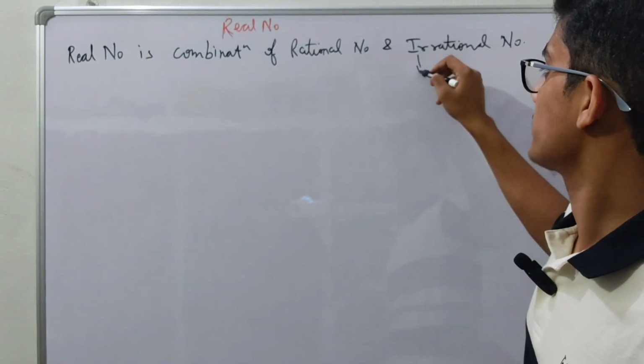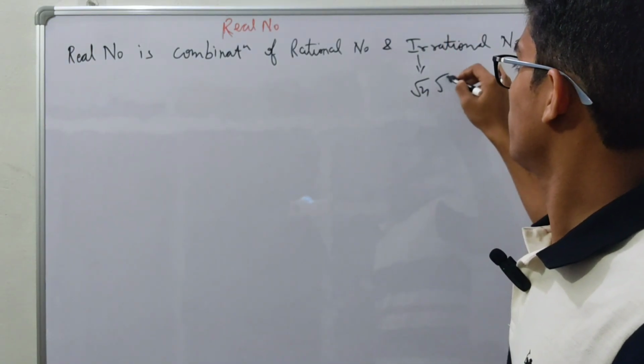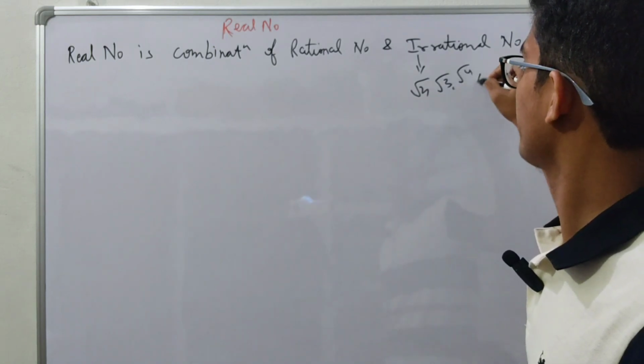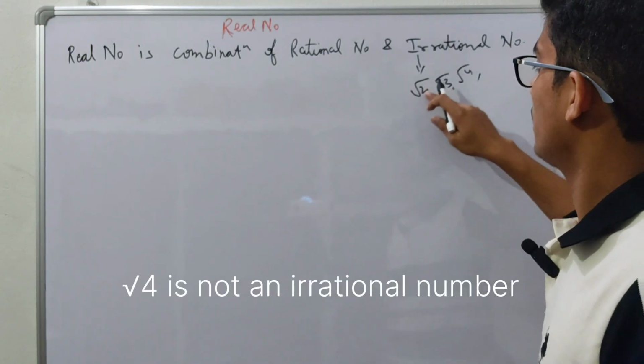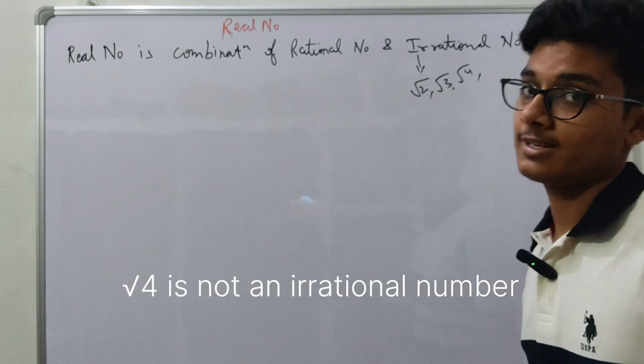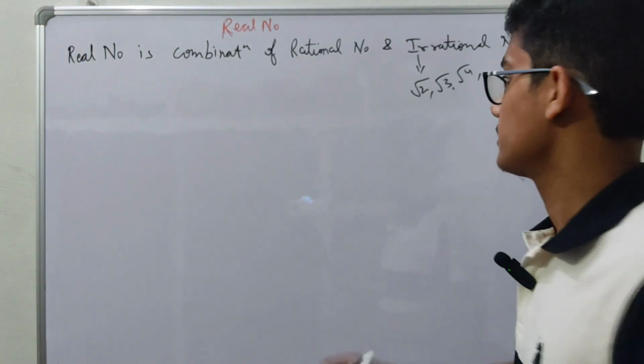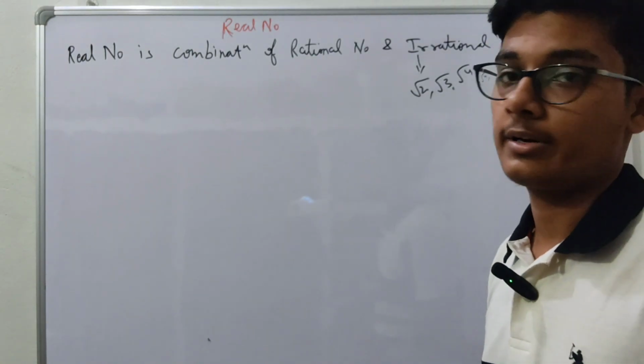What is an irrational number? Irrational numbers are root 2, root 3, and if we see the decimal expansion of an irrational number, it is non-terminating and non-recurring.